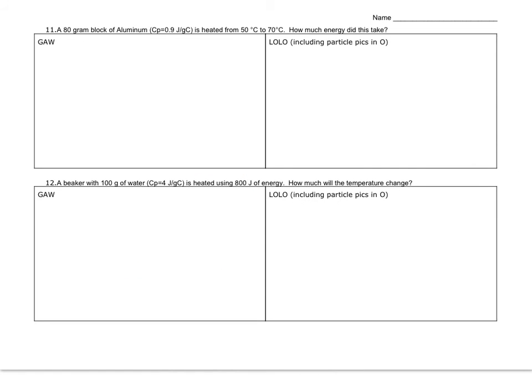Number 11 says an 80-gram block of aluminum, and they'd give us the CP value. So let's just list that. For every 1 gram of aluminum, 0.9 joules can change 1 degree Celsius. That wasn't exactly in the right order, but that's okay.